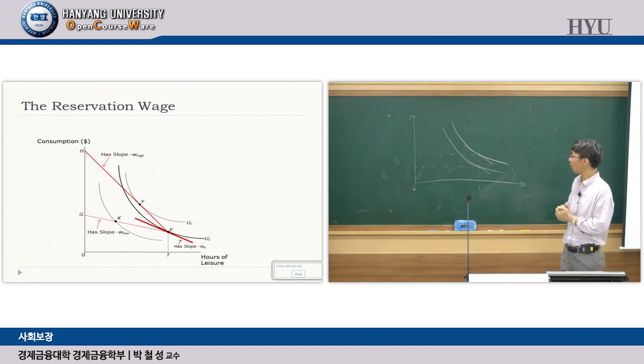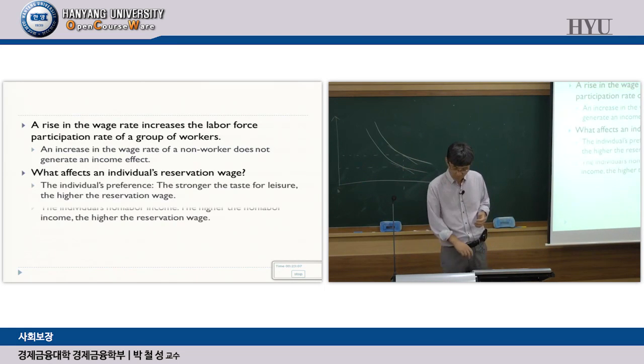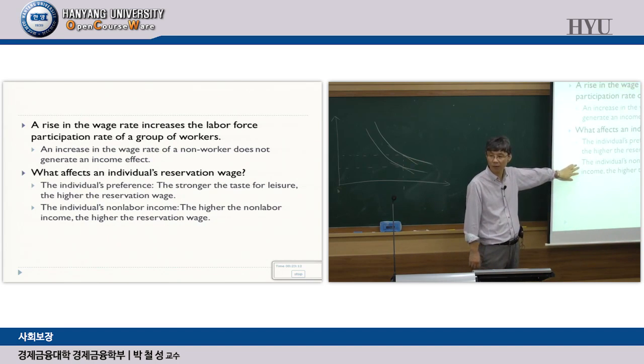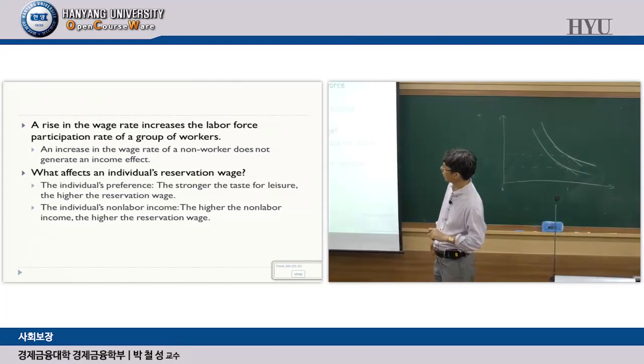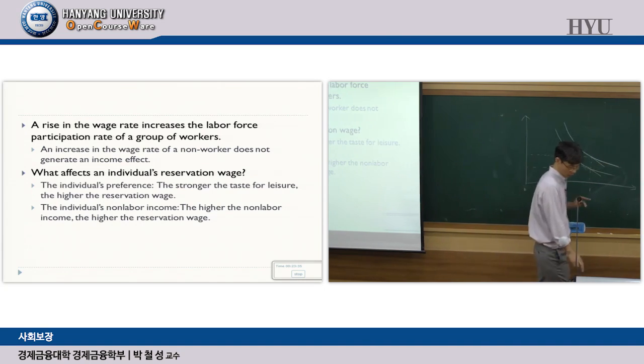So the second point is that higher non-labor income will make the individual's reservation wage go up. So preference and non-labor income affect the reservation wage.